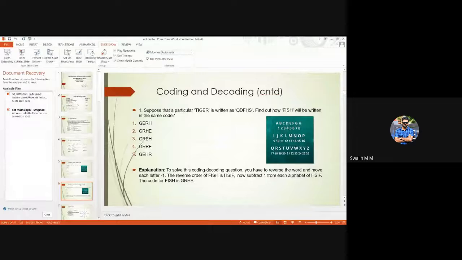We'll do the same with FISH as well. Start with the last letter H. H becomes G. S becomes R. Then I becomes H. And F becomes E. That is GRHE. Got it?